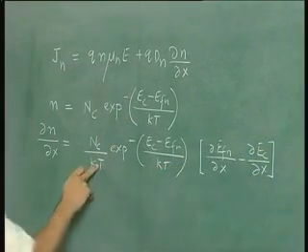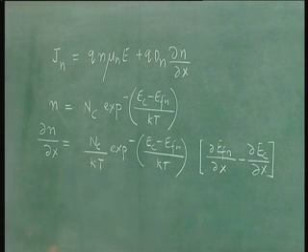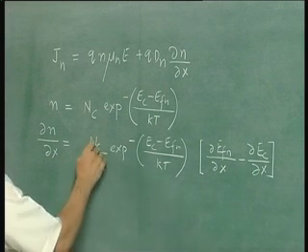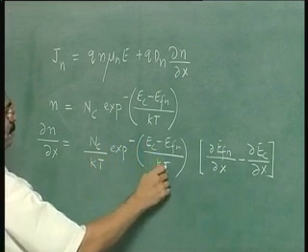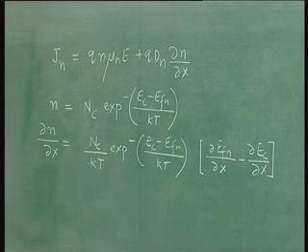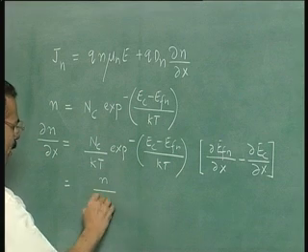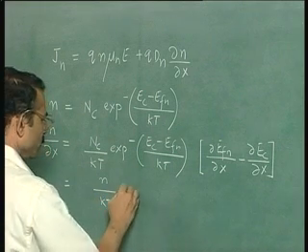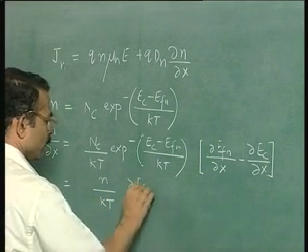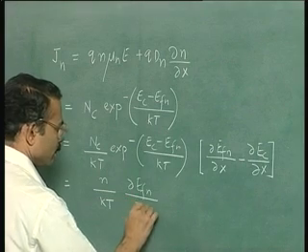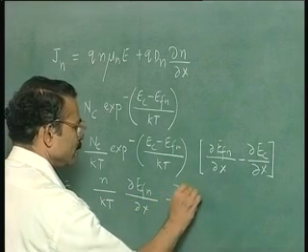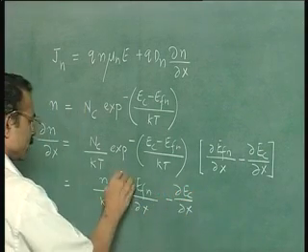So 1 by kT has been taken out already in this differential. Nc into exponential of minus (EC minus EFN) by kT is nothing but this n itself. So this turns out to be nothing but n upon kT into dou by dx of EFN minus dou EC upon dou x.